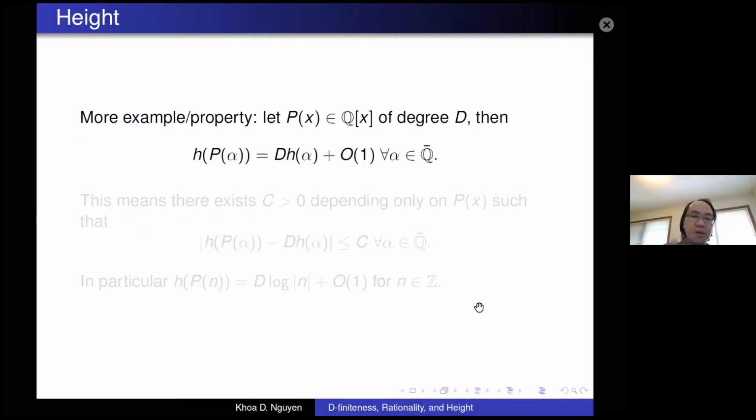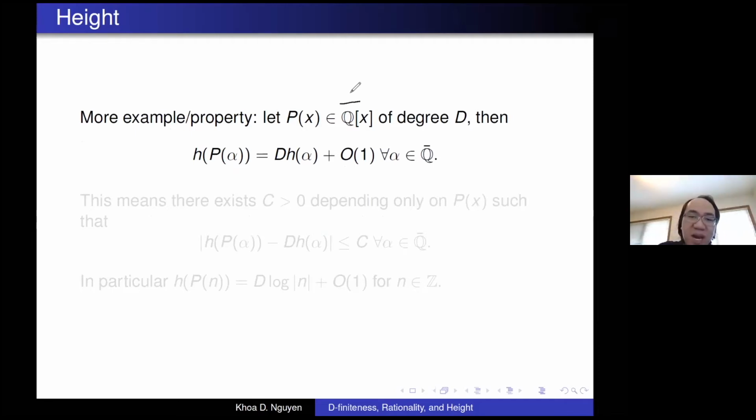For example, if P(x) is a polynomial of degree d, oh, I should say this is over Q bar. You can consider polynomials with algebraic coefficients.